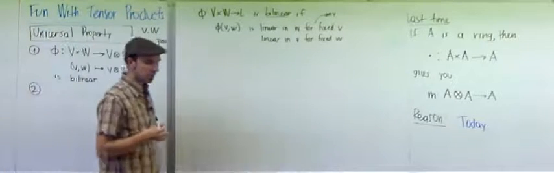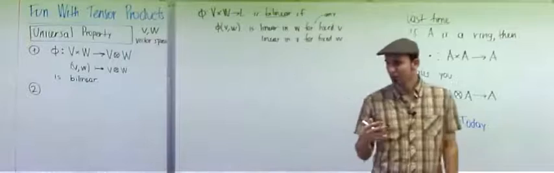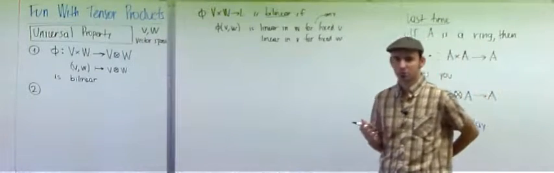But the next thing I want to say is that this is the universal bilinear map. What do I mean by that?